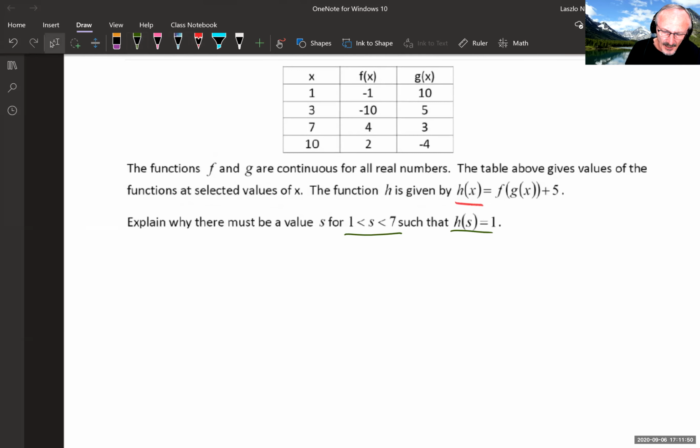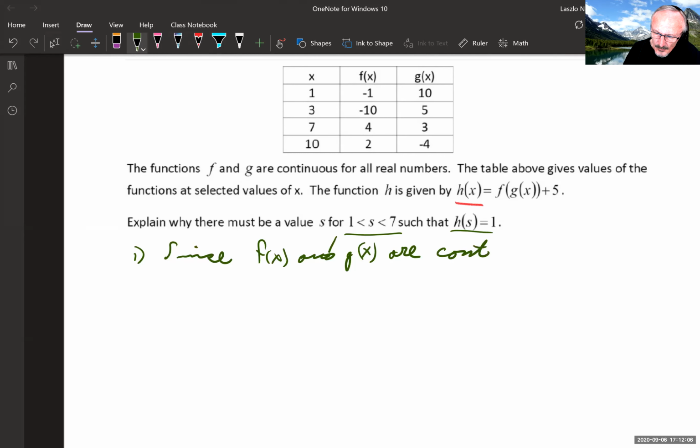So the first statement that I'll make, again, you don't need to number these: since f of x and g of x are continuous, therefore h of x is continuous. I didn't mention the interval earlier, that's okay.